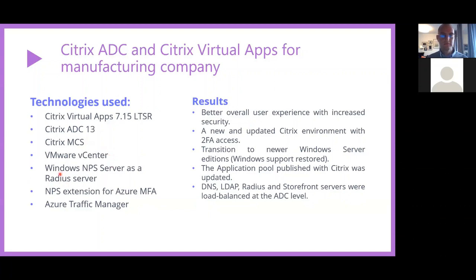Windows NPS server was used as the radius server for internal. NPS extension for Azure MFA is the plugin that made the link between the radius server and Azure. And we had a special request from the client to load balance the real IPs in front of the firewall with Azure Traffic Manager.